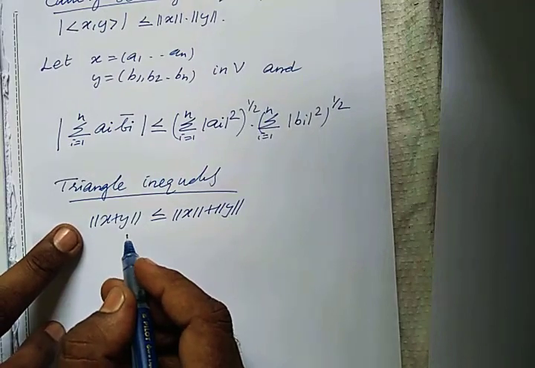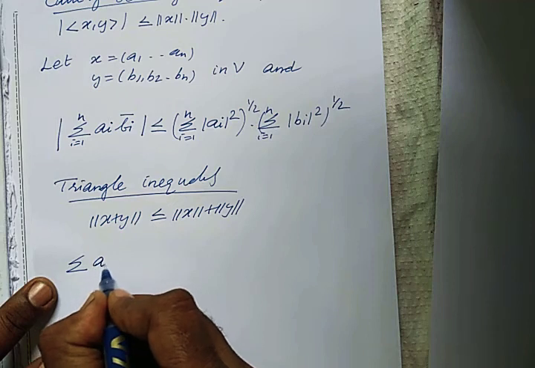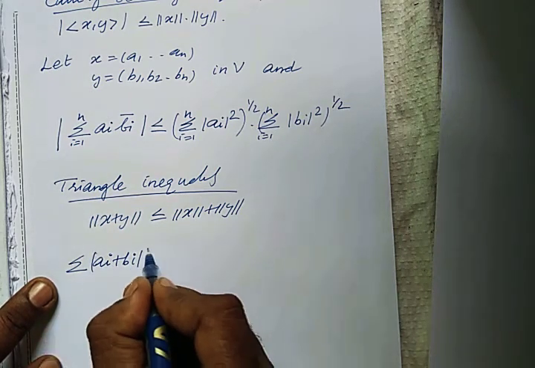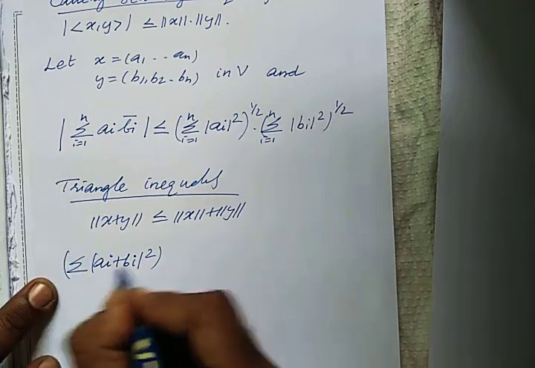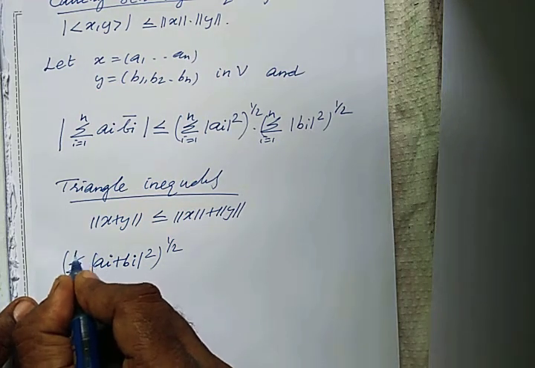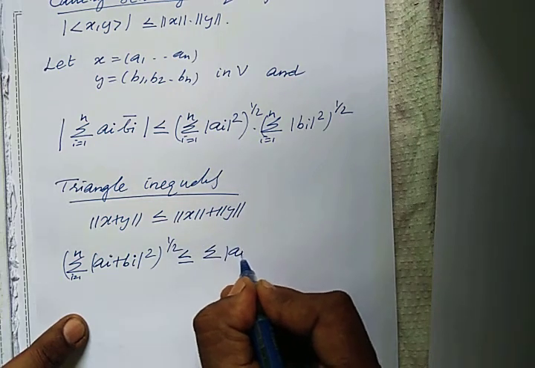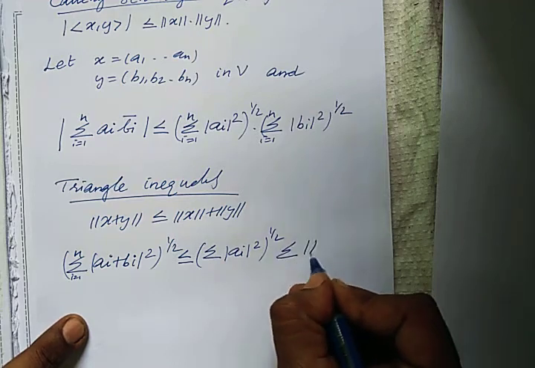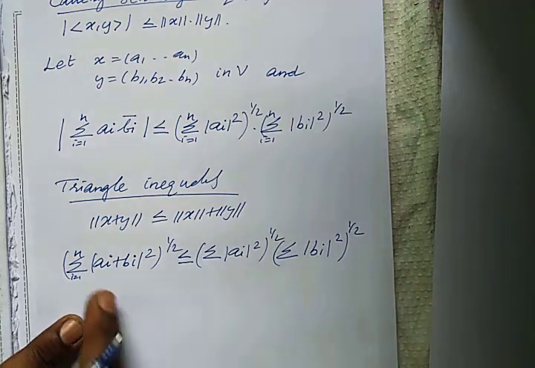The same triangle inequality becomes: summation of modulus ai plus bi the whole square, i runs from 1 to n, whole to the power 1 by 2, is less than or equal to summation mod ai square whole to the power 1 by 2 plus summation mod bi square whole to the power 1 by 2.